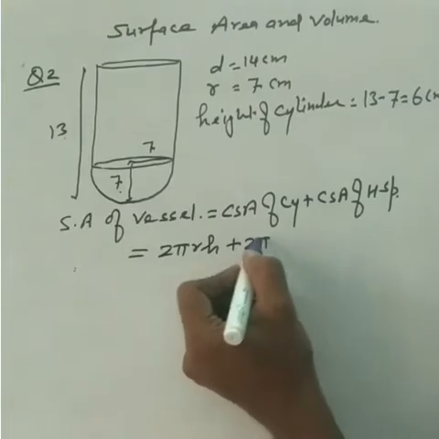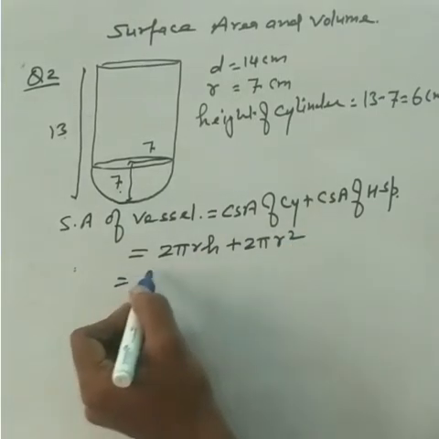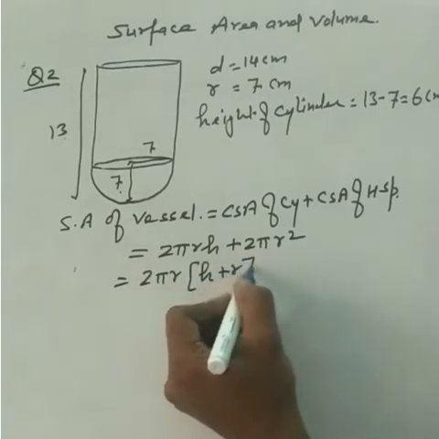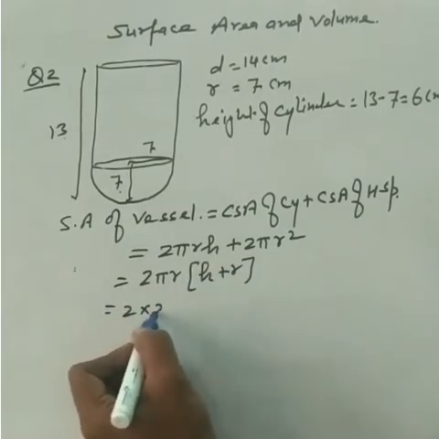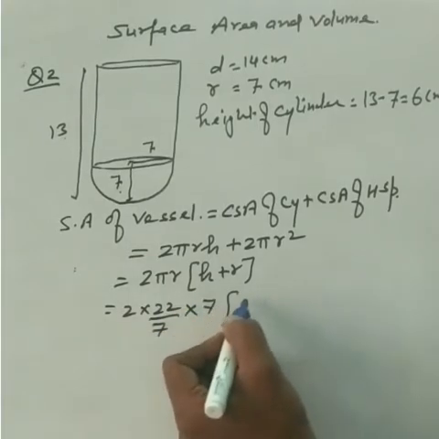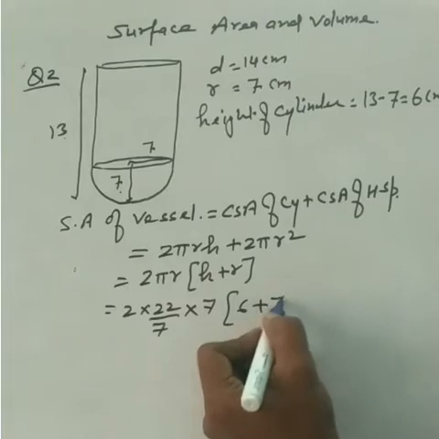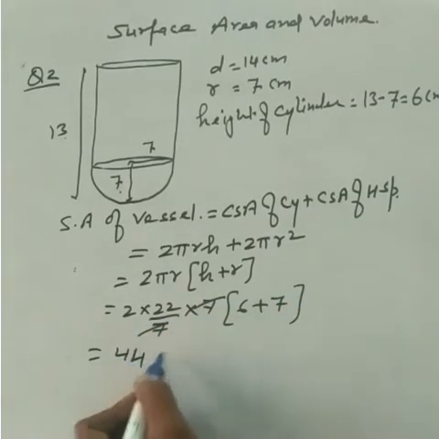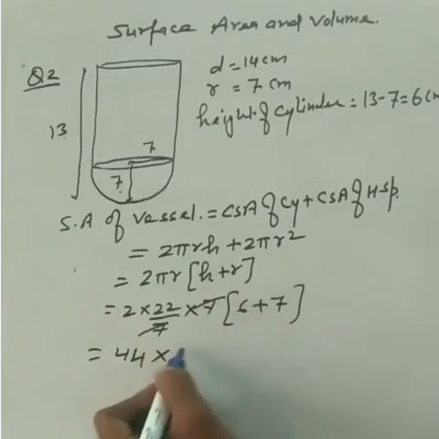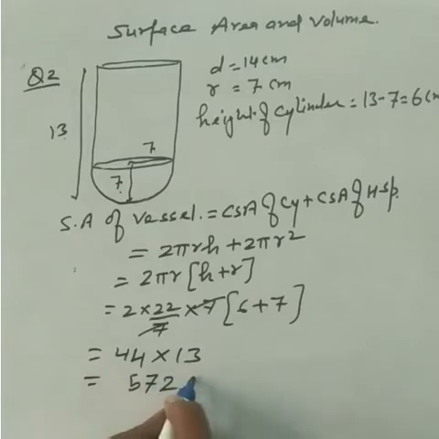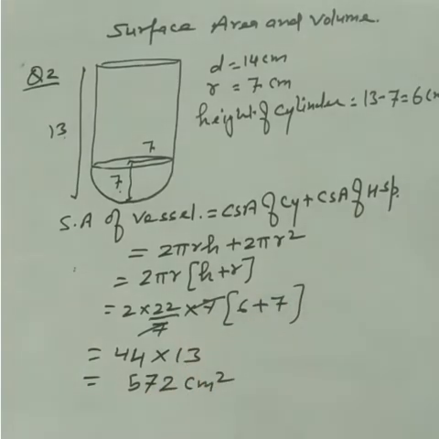Hemisphere is 2 pi r square. 2 pi r common, h plus r. 2 pi is 2 into 22/7. r is 7, h is 6 and r is 7. 44 into 13. 572 centimeter square is the surface area of the vessel.